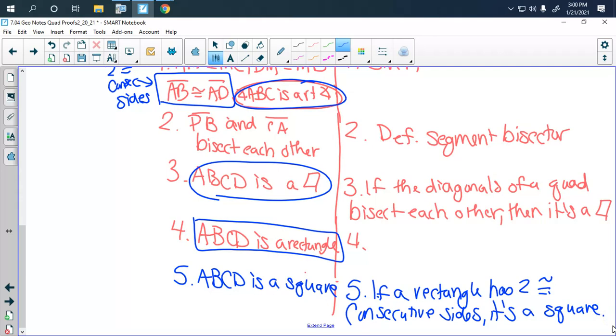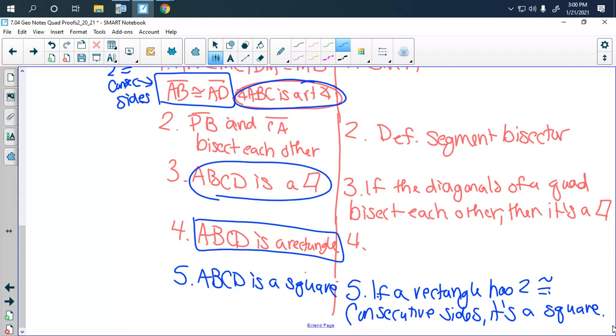Now again, after step 3, you could have said for step 4 that ABCD is a rhombus. If you did that, the reason would be if a parallelogram has two congruent consecutive sides, then it's a rhombus. And then step 5 would be it's a square because if a rhombus has a right angle, then it's a square.